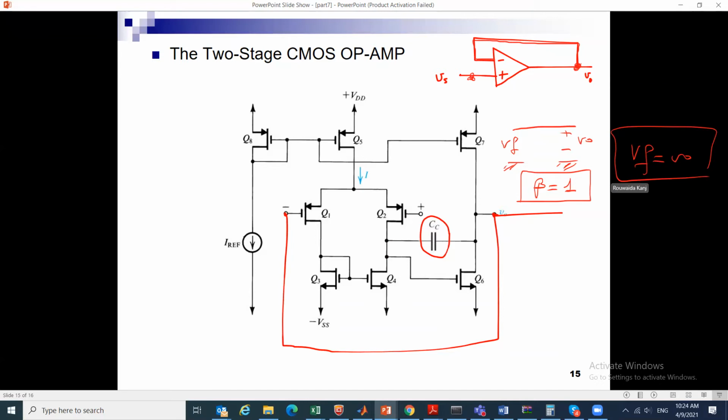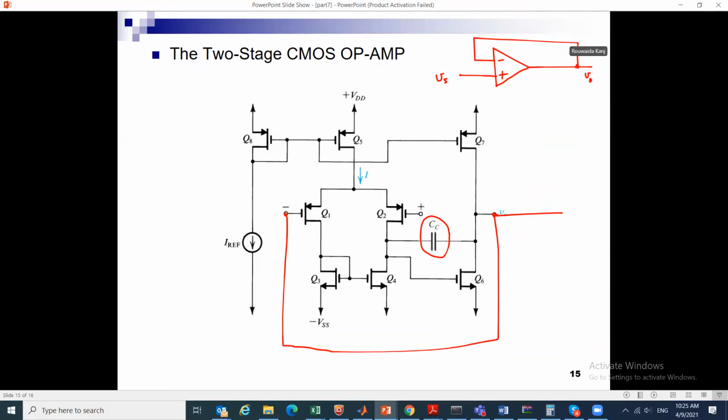In this configuration you recollect that if you have R2 over R1, right? If we go back to the old circuit, we said that the beta is this circuit, and you set R2 to 0 and R1 to infinity. Or you observe it by inspection. We know that this is a follower, and the feedback that I am sending is VF equals VO, and the feedback network is like this.